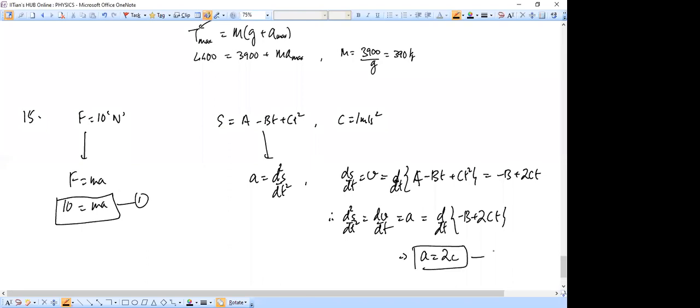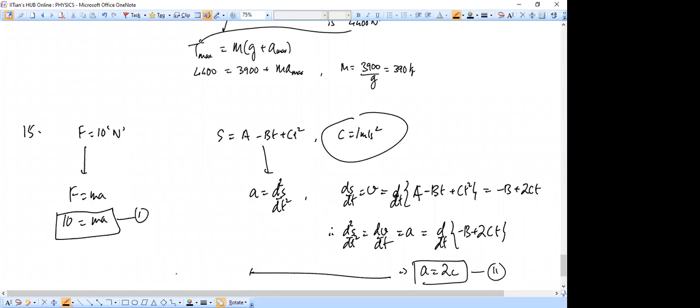This is your second equation. And c is given to us as 1 meter per second square. So using this relation, the acceleration is equal to 2 meters per second square. Substitute that here, so the mass will be equal to 5 kg. Okay, so that completes the discussion of this.